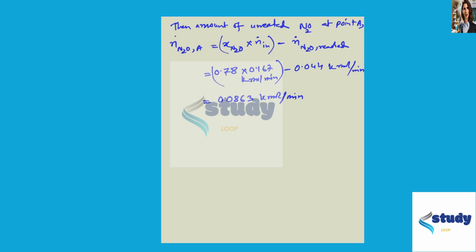Similarly, the amount of unreacted DCS is the percentage of DCS multiplied by the total number of moles minus the amount of DCS that reacted.